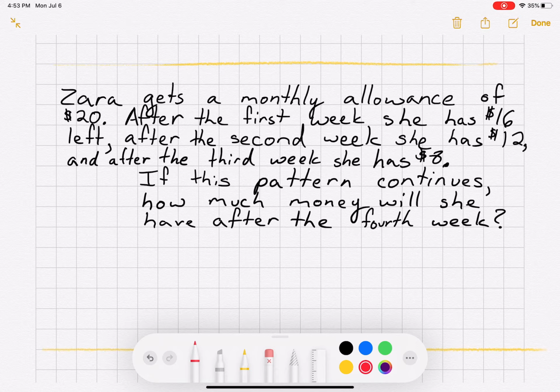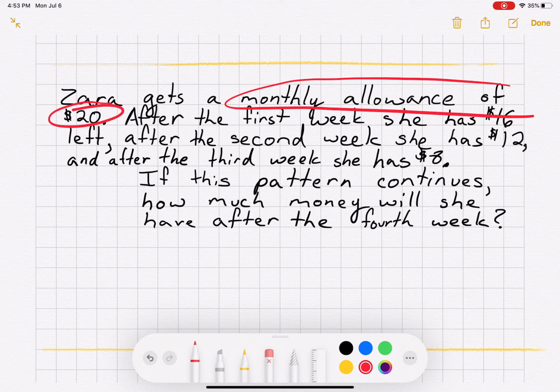So the first thing I do when I see a word problem, I read through the whole entire thing. I don't start until after I read the whole thing, and then I circle what I need. So she gets a monthly allowance of $20. So Zara, starting out, our lovely little friend Zara here, has $20. That's the first number in our sequence. After the first week, she has $16 left.